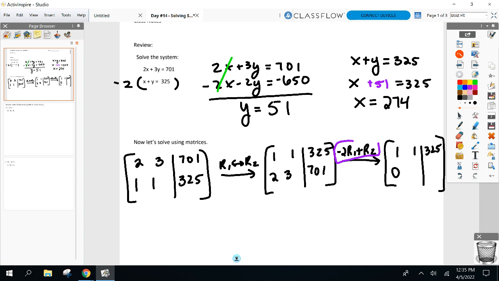This is what we've been doing the last couple days, just taking row 1 times -2 and adding it to row 2. So what's my next number I should get in here? I should get -2 times 1 plus 3, which gives you a 1. -2 times 325 plus 701.